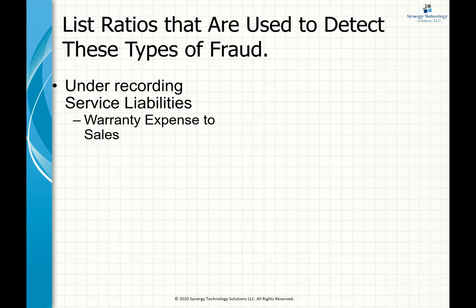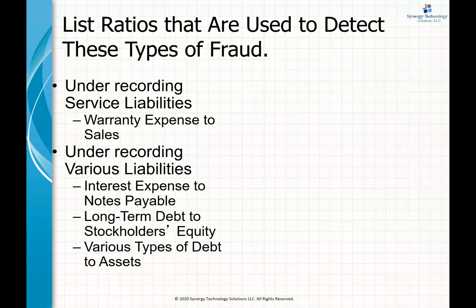Under-recording service liabilities: warranty expense to sales. Especially manufacturing companies usually have warranty liabilities, and for manufacturing companies this is very useful. The automotive industry and household goods all come with warranty.